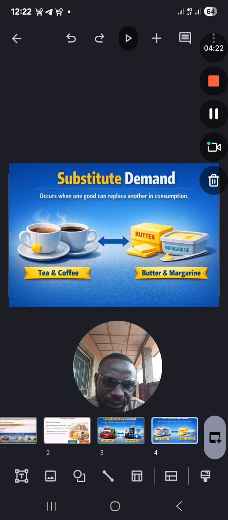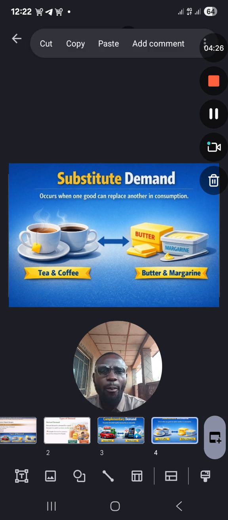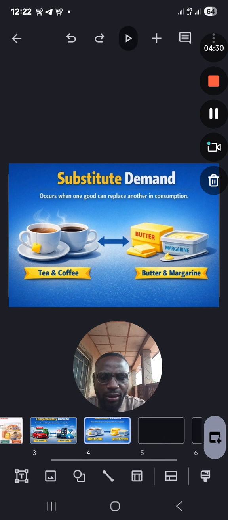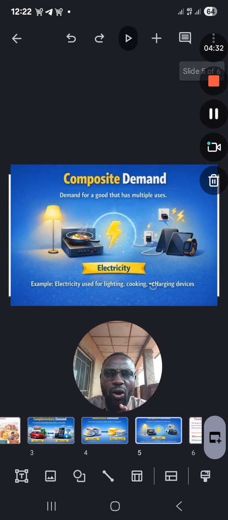Now, lastly, another type of demand we have is what we call composite demand. Composite demand is when goods and services are demanded for multiple uses. Like a particular commodity serves so many purposes.